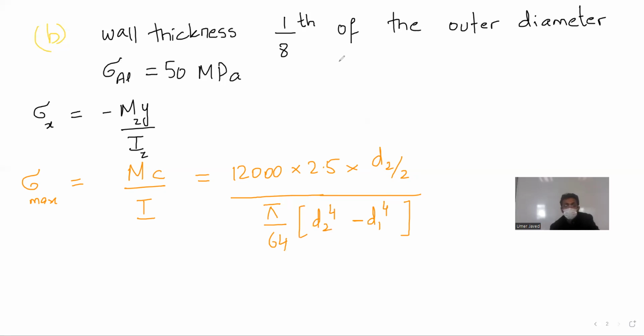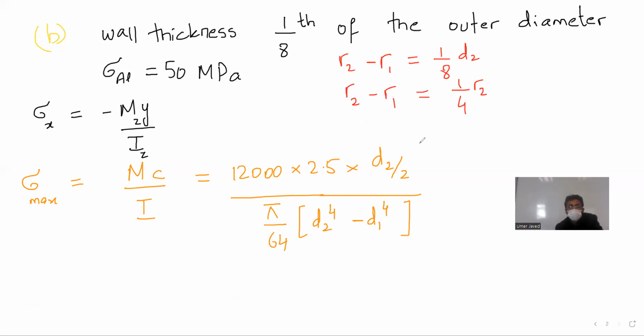So I will say R2 minus R1 is equal to 1 by 4 R2.